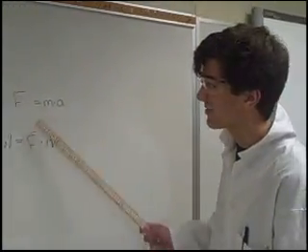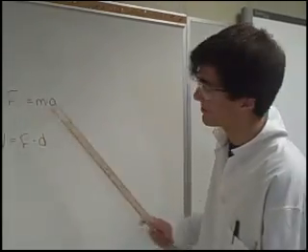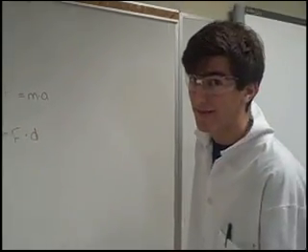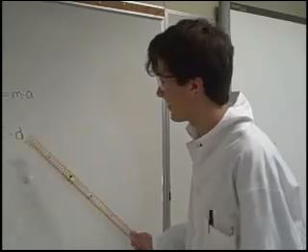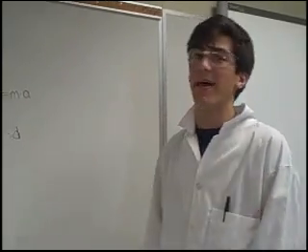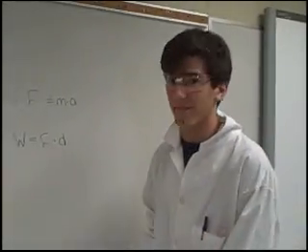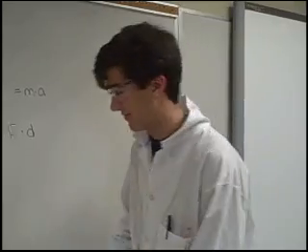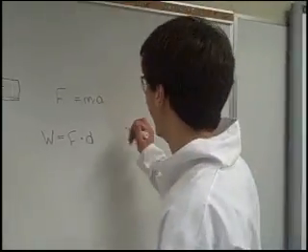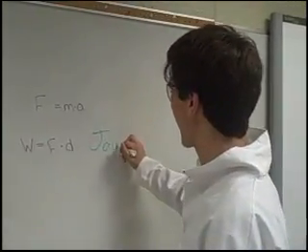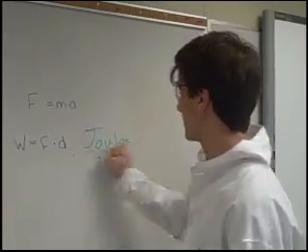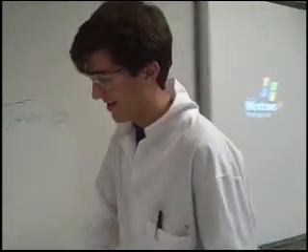So you take the force you applied to the eraser and multiply it by distance, and that will give us work. Work is measured in joules. That's right, kids. Now go out there and do some work.